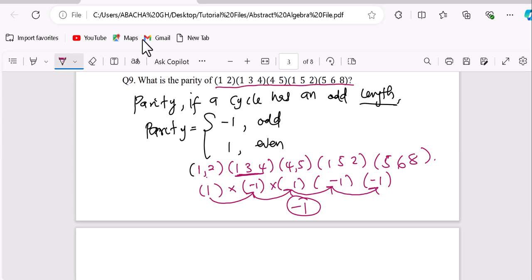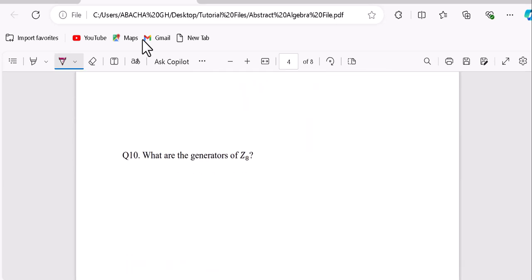The parity is -1. Okay, so we come again to question 10, which says, what are the generators of Z8? Well, what do we mean by a generator? A generator is an element of any group which is able to generate back all the elements of the main group.